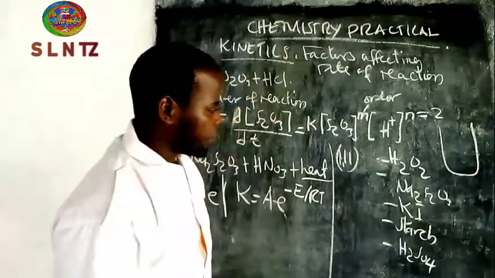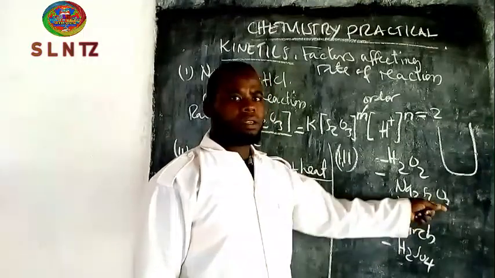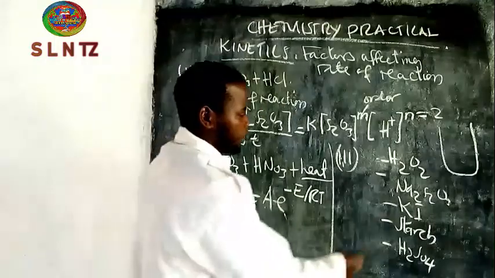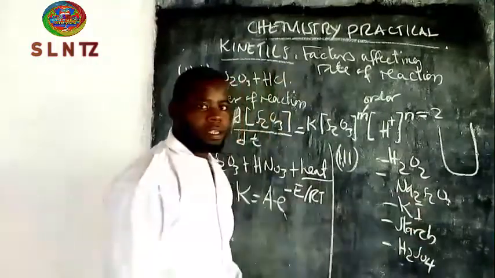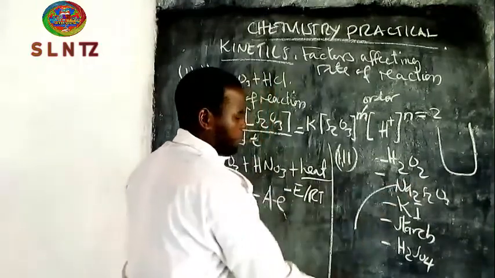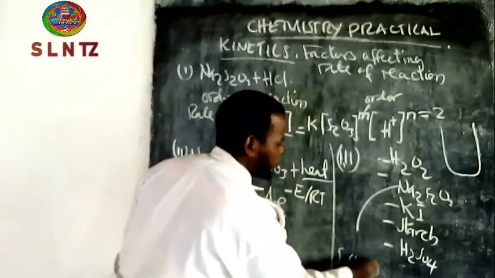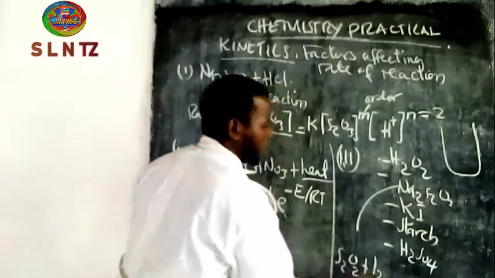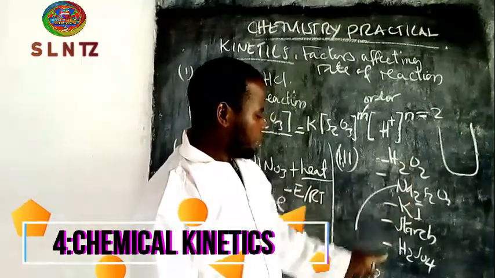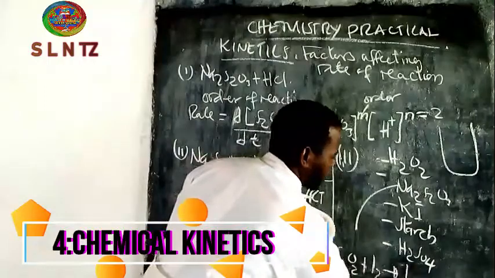That is another question. The question asked why we add sodium thiosulfate. The function of sodium thiosulfate is that it is going to react with the iodine liberated when this is mixed with this one to give iodine.